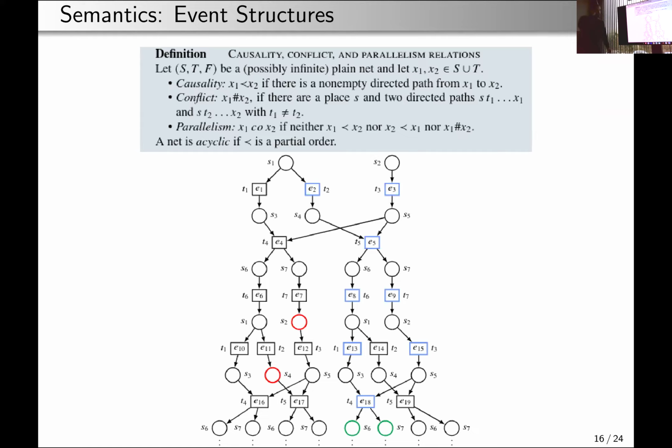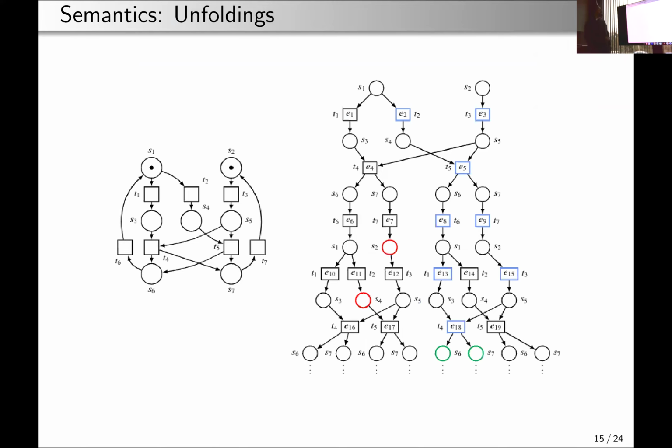So you can always build an event structure from an unfolding, and it will be a subclass of event structures. But there are some event structures that do not correspond to any unfolding. Okay. But they are fully characterized though. So we know how to spot event structures that come from this. Same goes for transition systems and Petri nets in general.